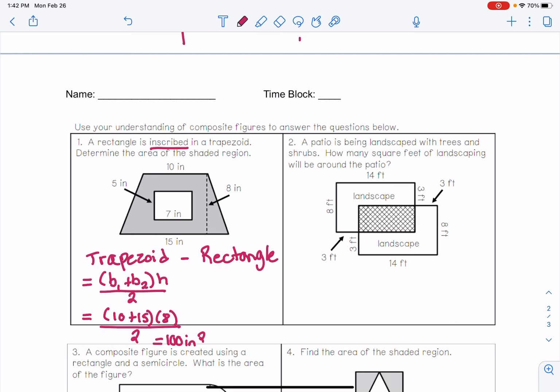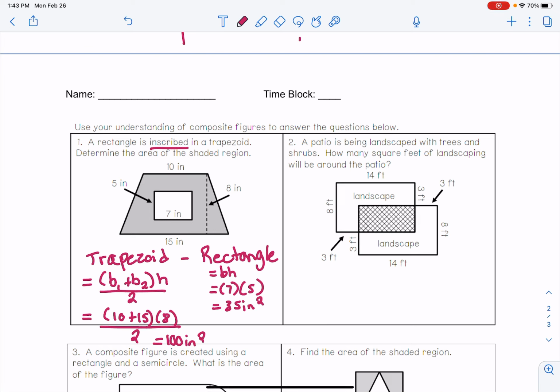We're going to start by writing down the formula: base times height. The base of our rectangle is 7 and the height is 5. Let's rewrite our equation, this time replacing the variables with the numbers. So we've got 7 times 5, which is 35 inches squared, the area of our rectangle.